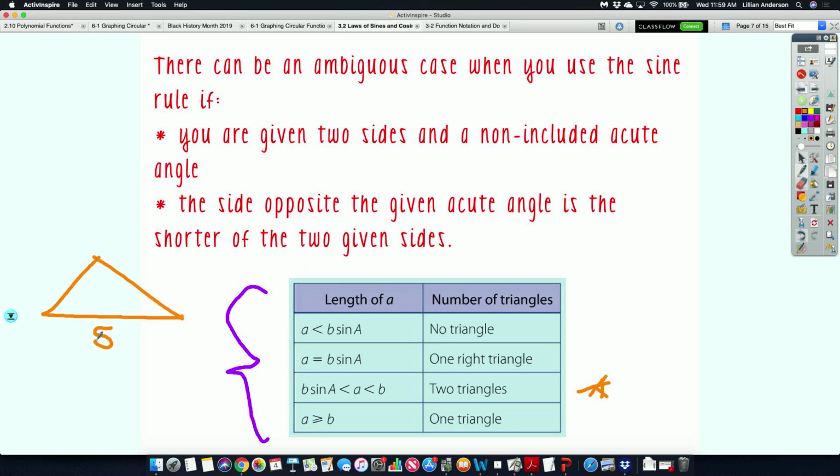This is 5, this is 13, and this is 61. Two sides and a non-included angle, so the angle's not in between. And then the side across from the acute angle is shorter. Now, if this angle was obtuse, you have just the one triangle, or you could have no triangle, but you will never have two. It's really the two-triangle case that throws students off.